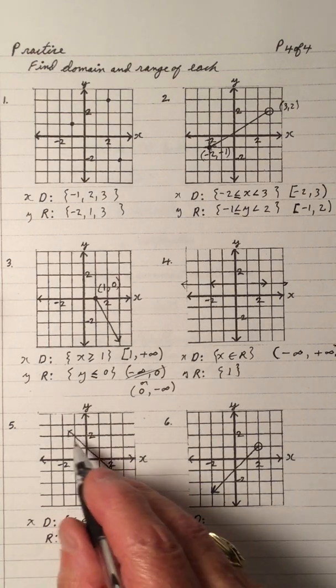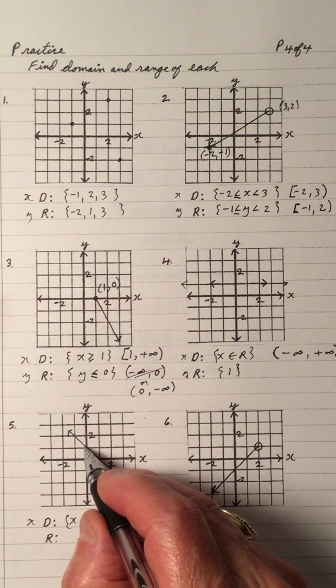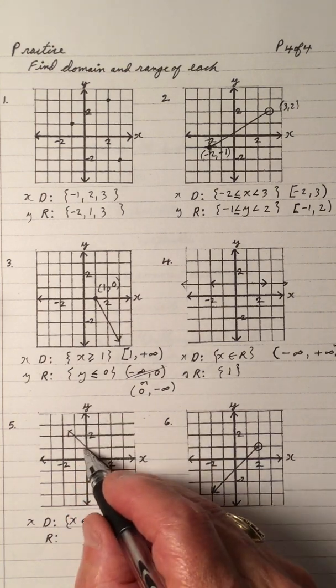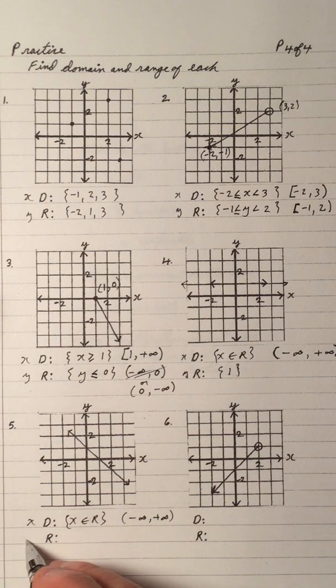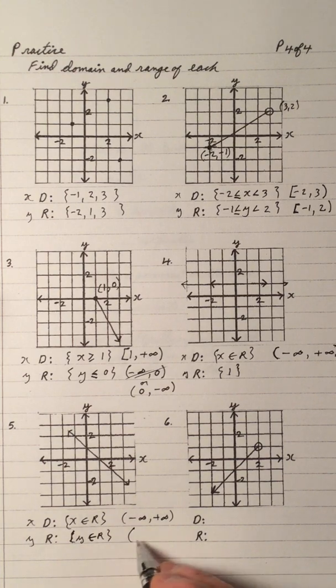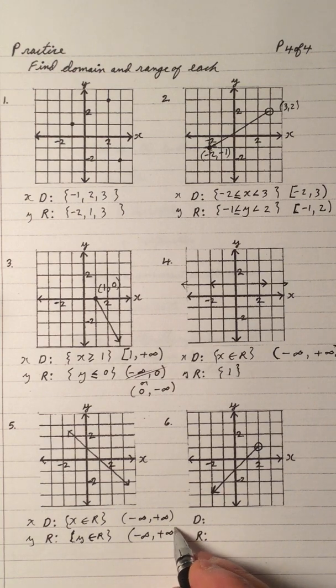And the y's on this graph, as I go this way, is all the positive y's. As I go down this way, it's all the negative y's. So the y's are all real numbers. And it's the same, negative infinity to positive infinity.